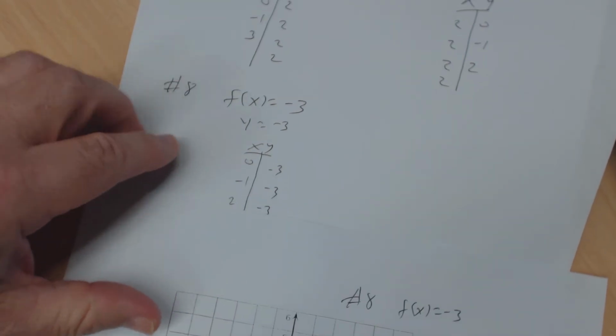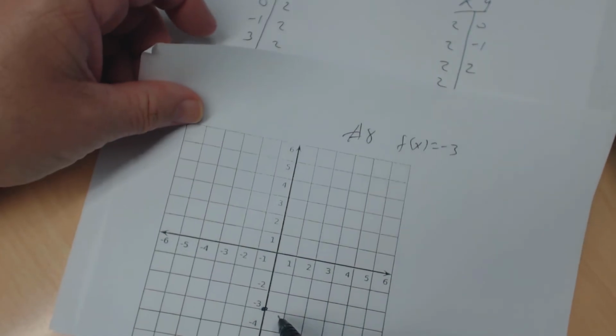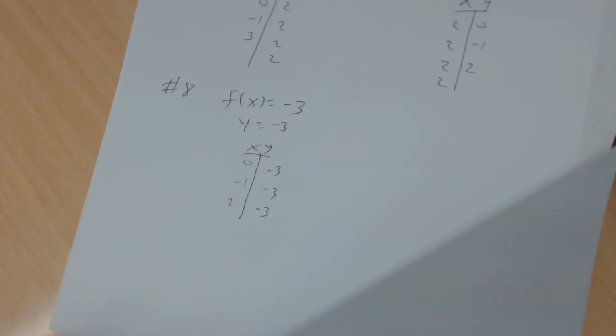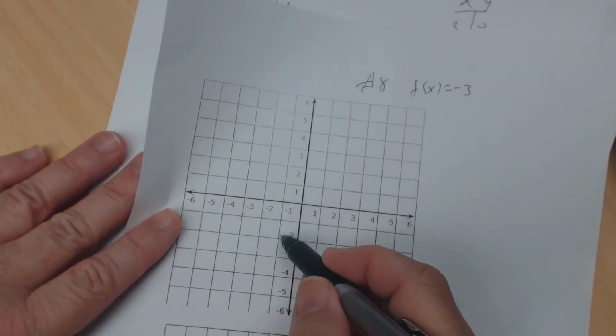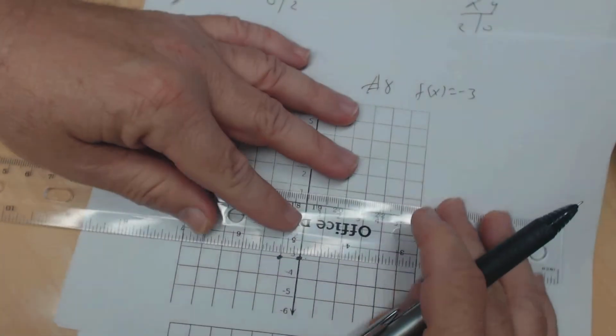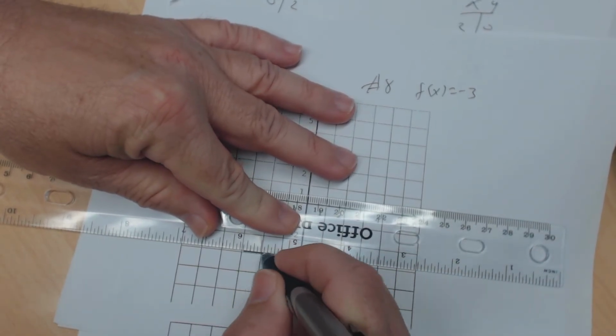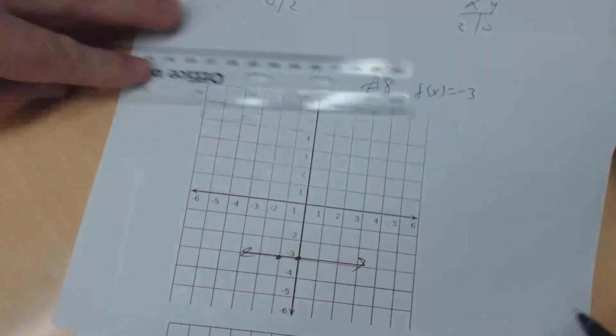When I plot those points, 0, negative 3 is right here. Negative 1, negative 3 is here. And notice I get a horizontal line. So remember, y equals a number is a horizontal line.